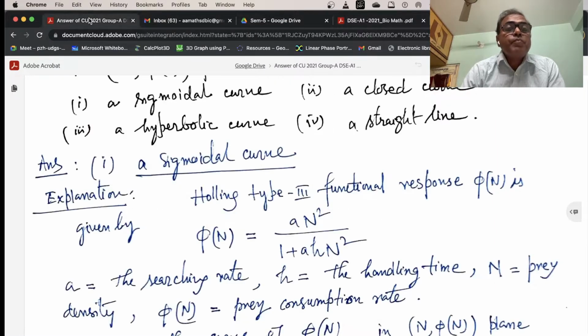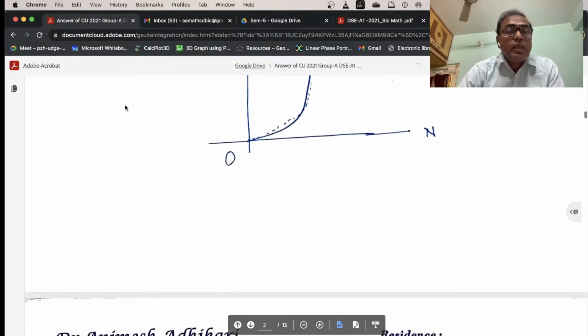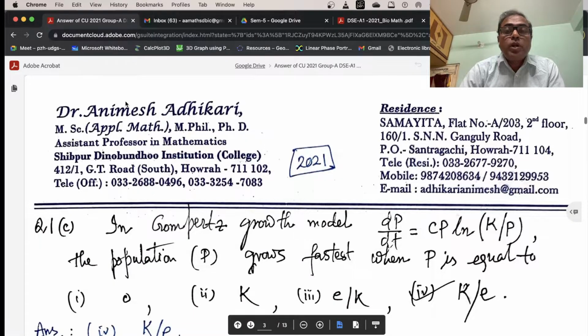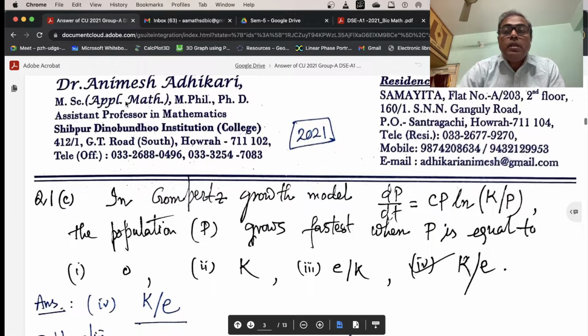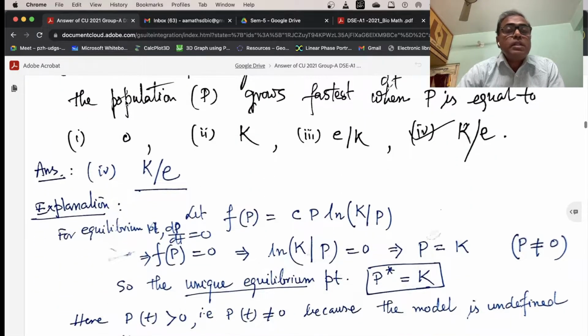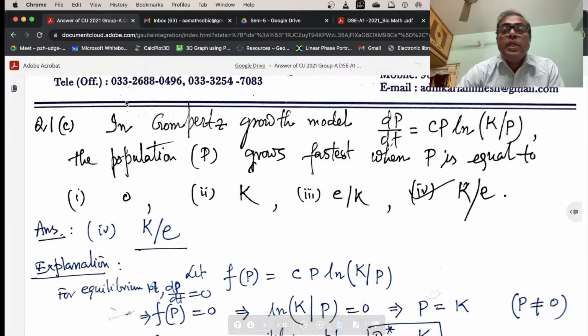Option 4. Next question, C. Question 1C, Gompertz growth model, dP/dt = Cp ln(K/P). Answer is 4, K/e. First, let A(P) = dP/dt.